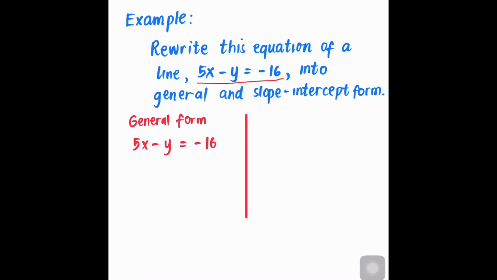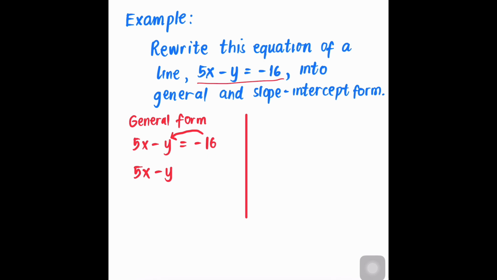So we just simply rewrite 5x minus y, because we're not actually doing anything to them, so we just leave them there. However, negative 16 must be transposed, must be written to the left-hand side of the equation. So by doing that, we need to move the negative 16 all the way to the left-hand side.